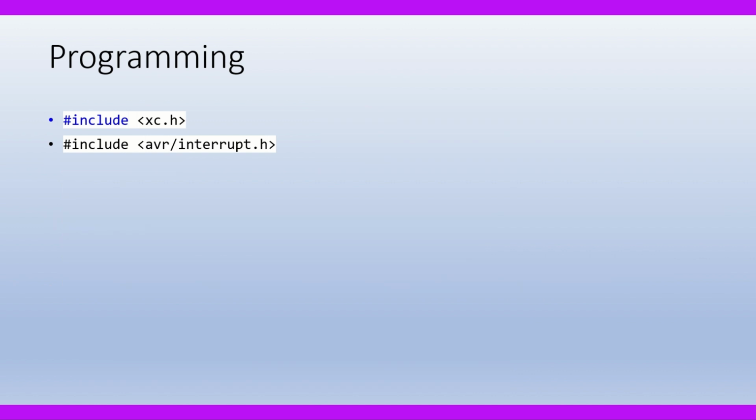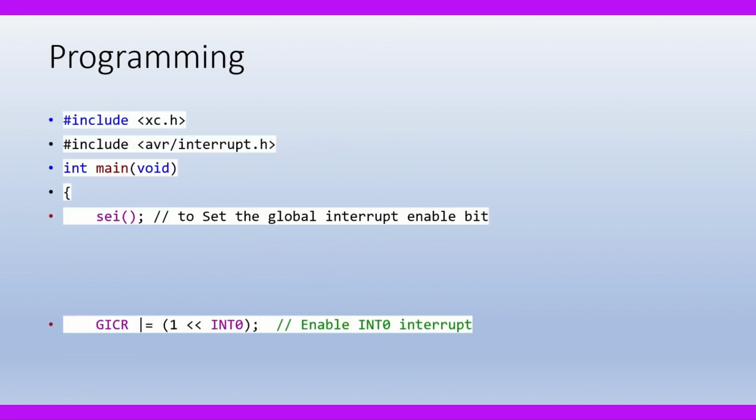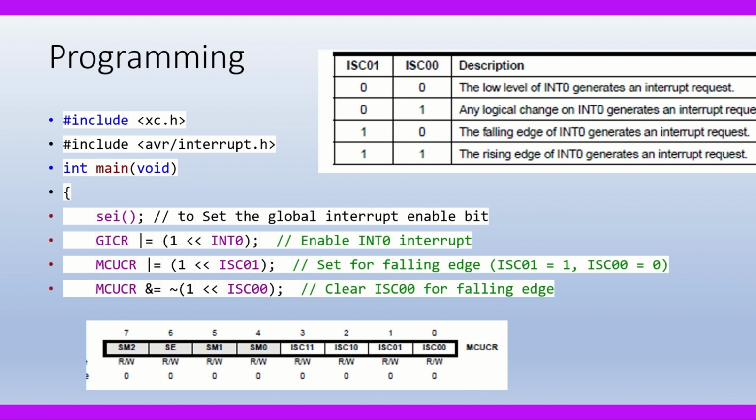In this diagram, if we press the switch, a high to low edge signal is generated during the press. So we'll select this option, 1 0, and these two bits are part of the MCUCR register.